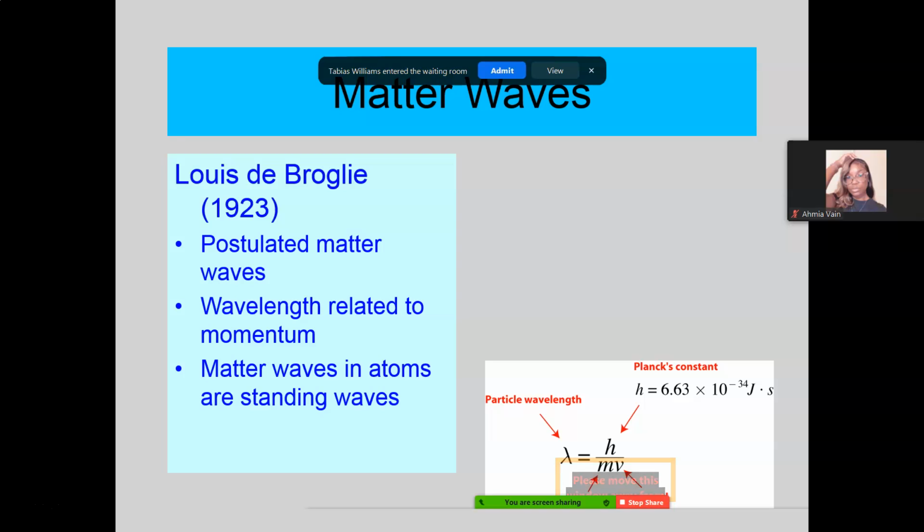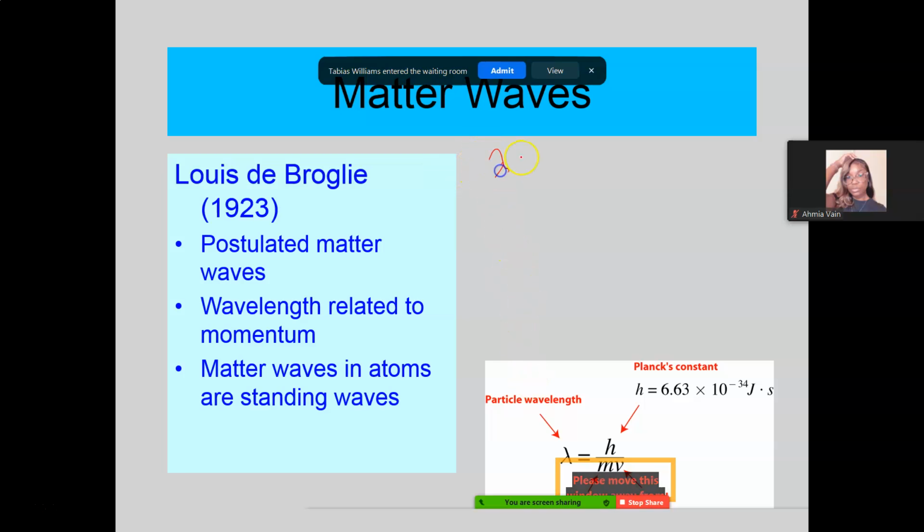Boy, in my Cal 3 class, I have a baseball player, at least one, and he would appreciate this one, maybe not. So what is a wavelength? That's what we've got down here. So let me see if I can get my pen to write. I'm going to repeat what's down here, but do it up here.